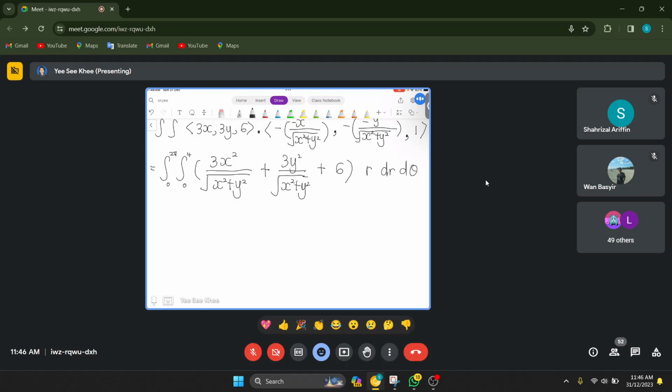So before we solve these things, we must convert all the x and y, so that you won't see them anymore. You just want to see the r and also the theta. So let's try to simplify it and convert it. You can combine this one as 3 times x squared plus y squared, factor it out, over the square root. So this could be written as r squared, because x squared plus y squared equals r squared, and plus 6 you can remain.